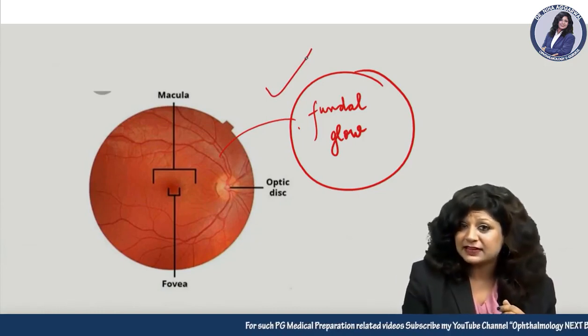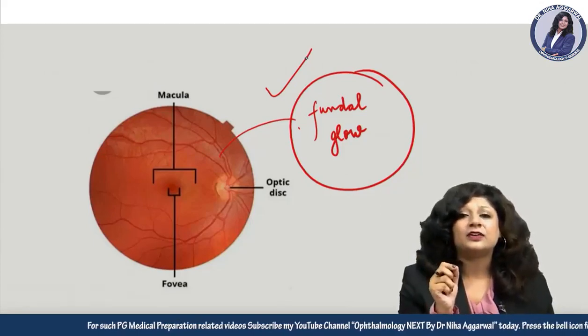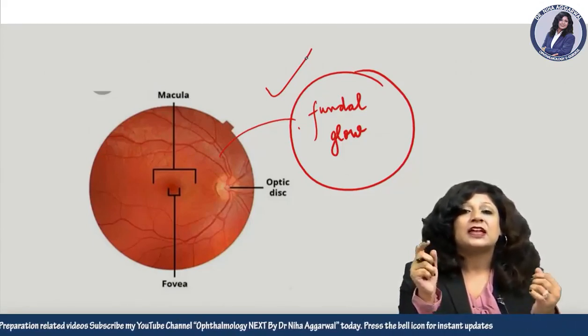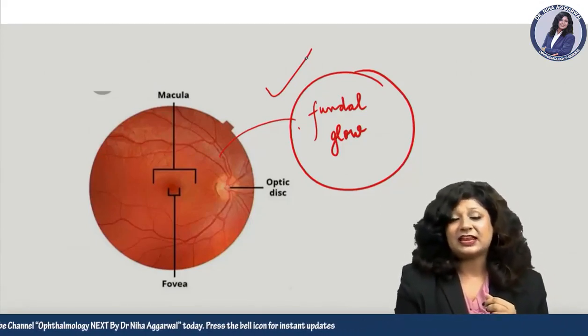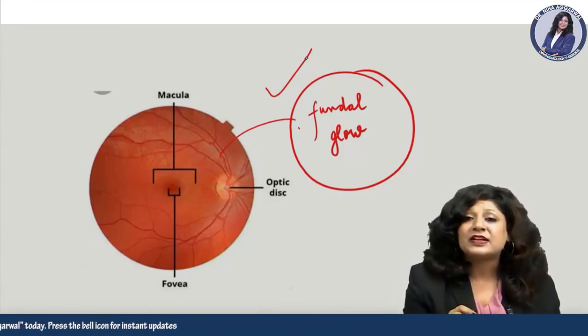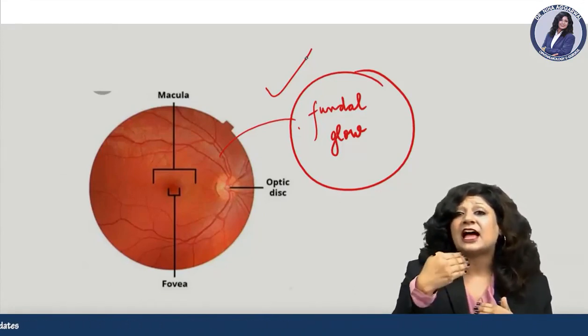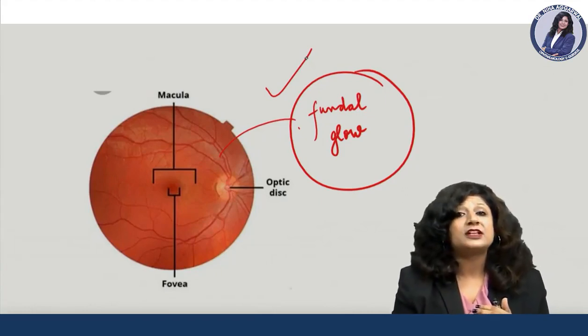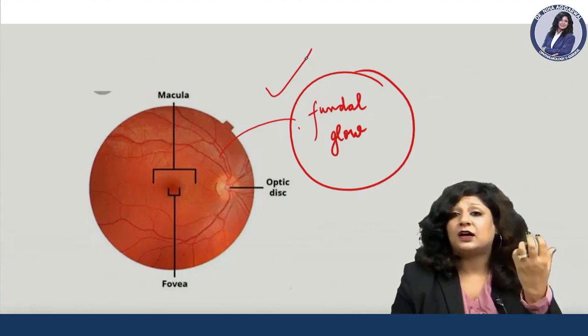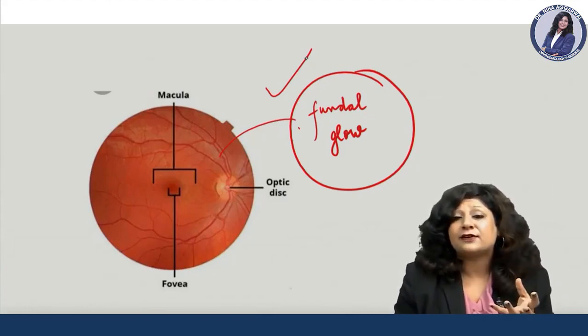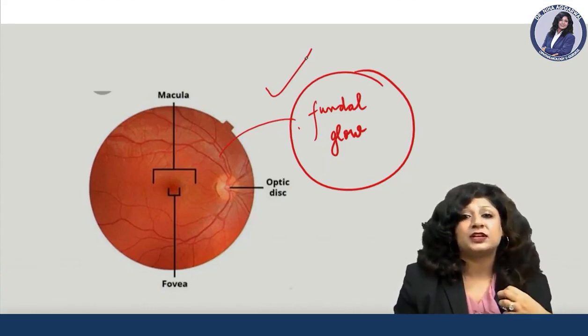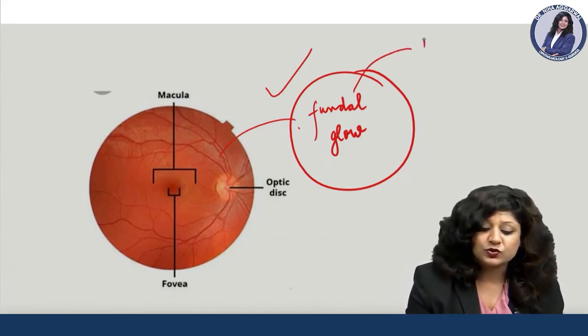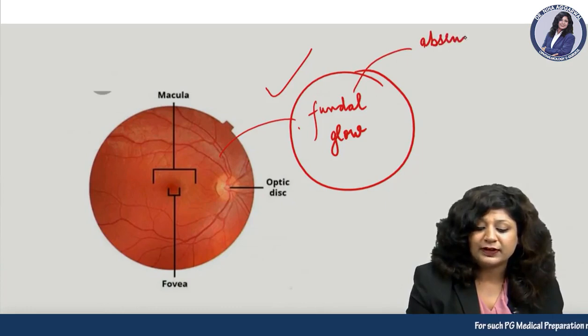This means that anything present in the vitreous cavity which can hide this choroidal fluorescence, this choroidal reflex, from visualization will lead to the absence of the fundal glow.